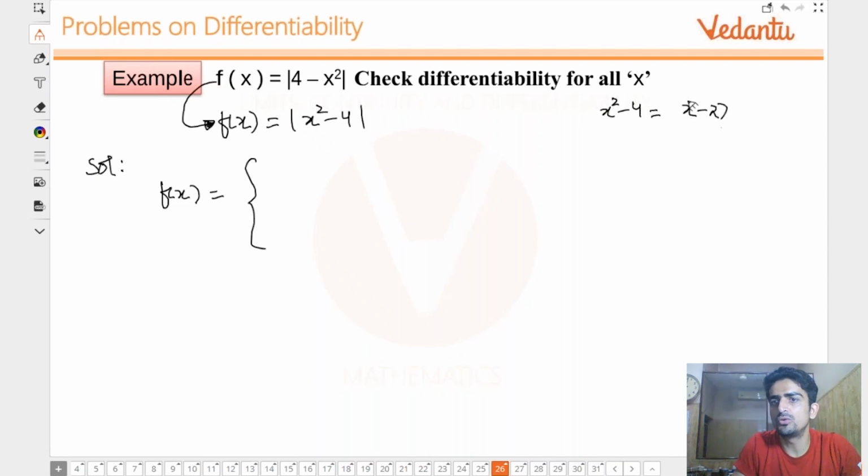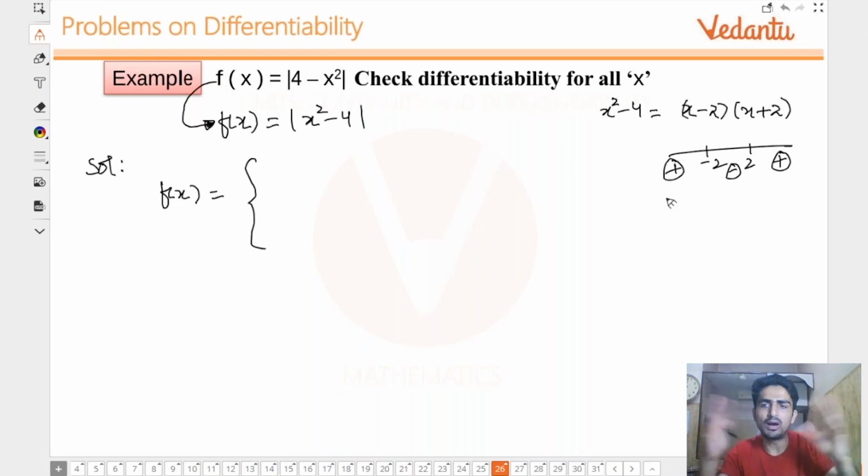Guys, we know the wavy curve. So we know it is positive when x is outside -2 and 2, and it is negative when x is inside -2 and 2. So using this, I am opening up the mod.